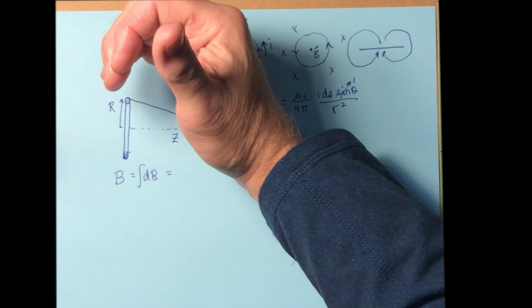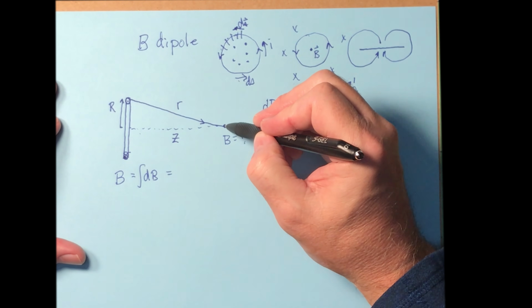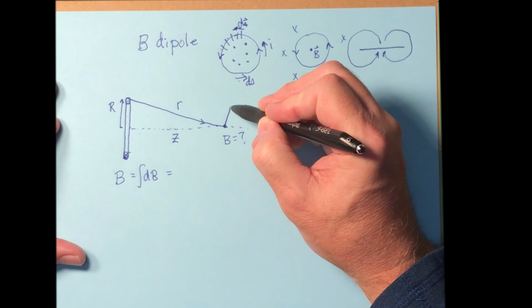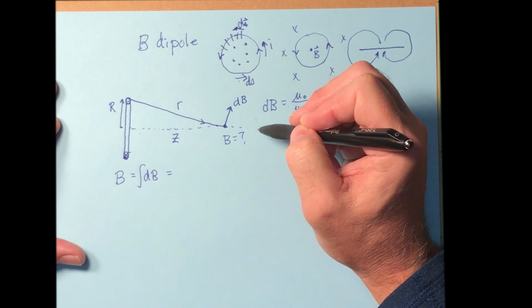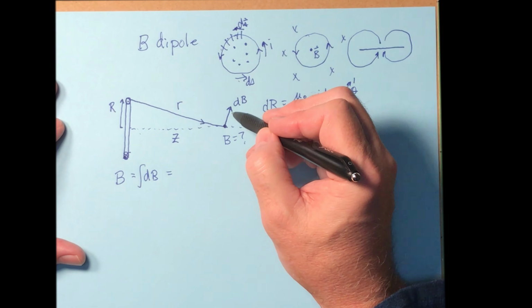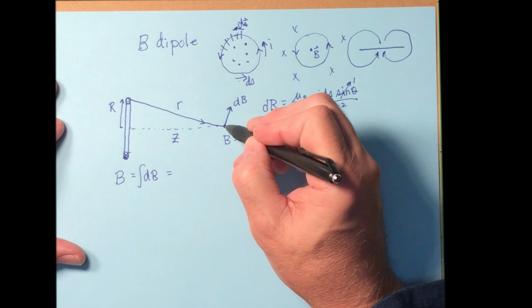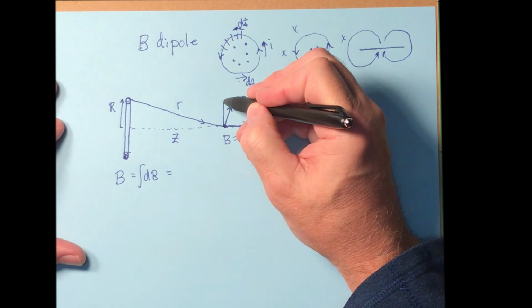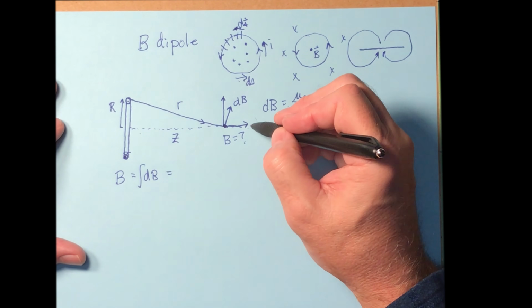If you were to grab the wire and look at the direction of the magnetic field out here at this point, the magnetic field is going to be in that direction right there. So if I take this and break it up into components, I can have a component going this direction and a component going this direction. I know I haven't drawn those properly to length, but that's okay.